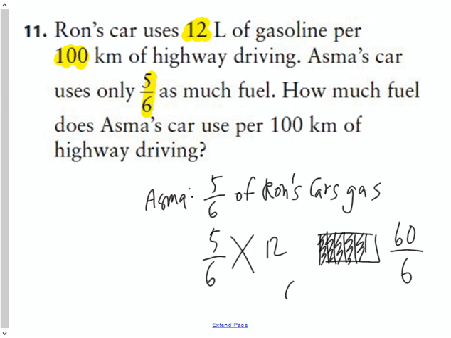Or 60/6 is equal to 10, and therefore Asma's car takes 10 liters of fuel or of gas. Okay? So 5/6 of 12 is 10 liters.